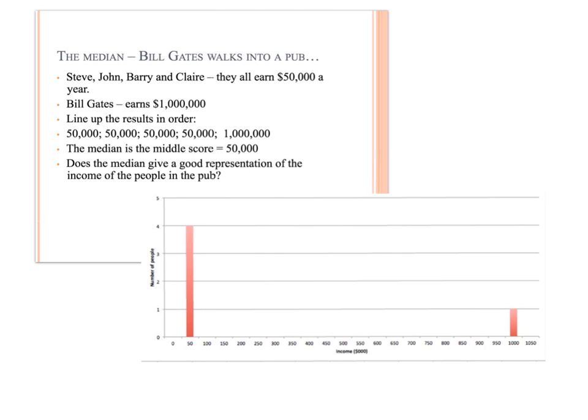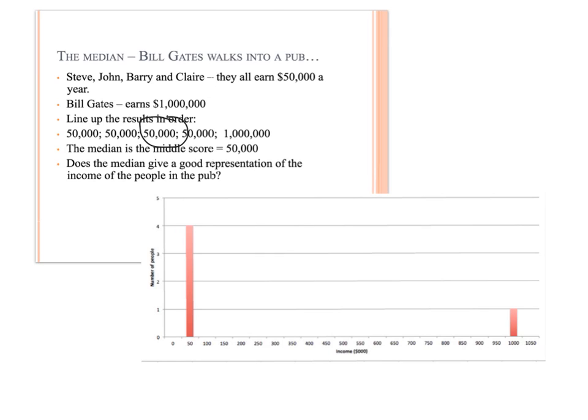So we have the same 4 people all earning $50,000 a year, and we have Bill Gates. Now to work out the median, which remember is a form of average, we line them all up in order from the lowest to the highest, and we pick the middle score, which is this one here.